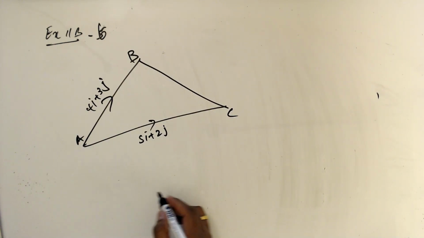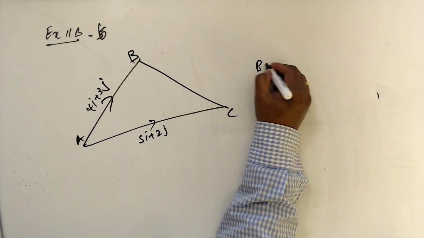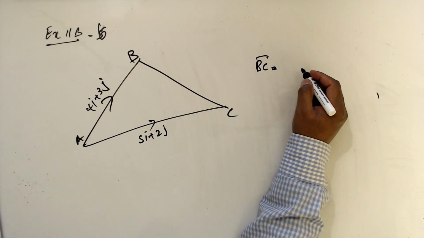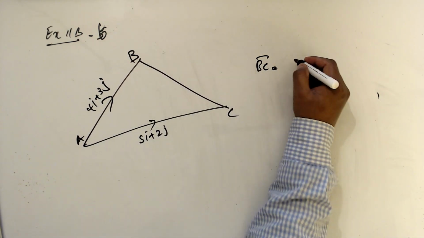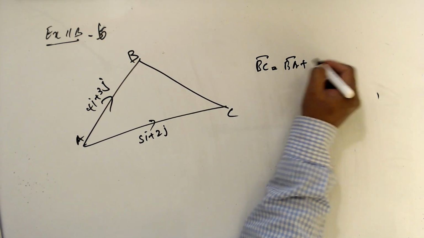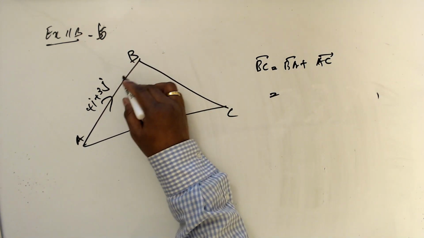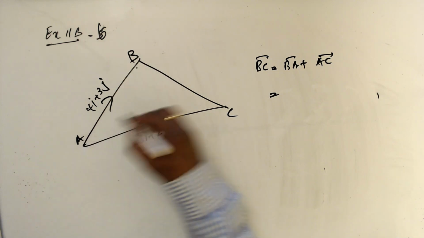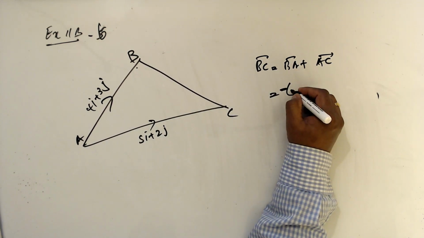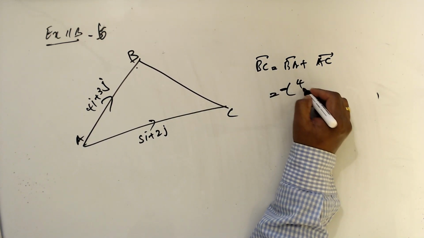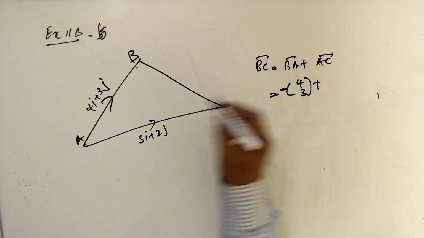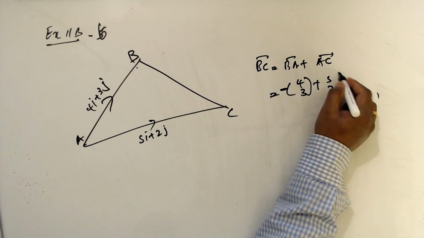Question number 6. We want to find BC. BC means BA plus AC. So BA, we have BA means minus 4, 3 and AC means 5, 2.